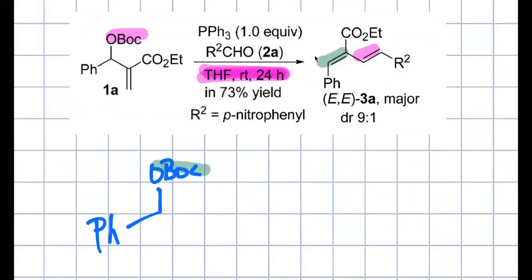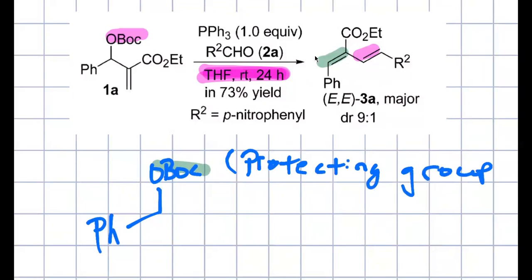It's what we call a protecting group. What it does is it keeps that oxygen from reacting. All right. So that's that. And then here is the allylic part of that.